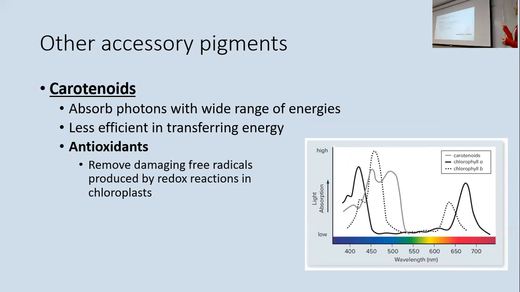The other nice thing that carotenoids do is, when we talk about antioxidants, right? Carotenoids are kind of in that category. And so what they do is they remove free radicals from the DNA of the plant, basically damaged DNA. You may have heard free radicals before.